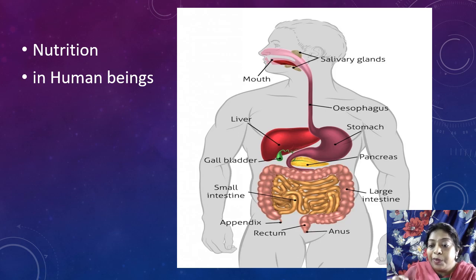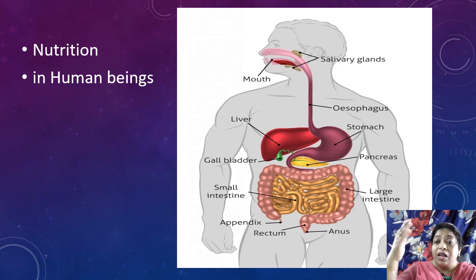The tongue is a sensory receptor because it has taste buds, which help in tasting the food. So these are the main organs.